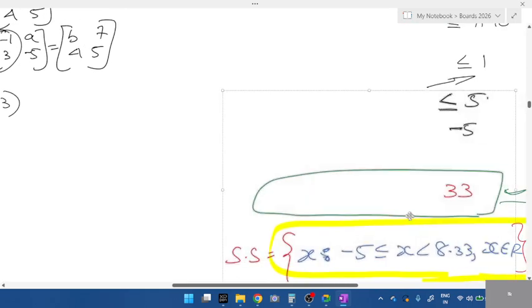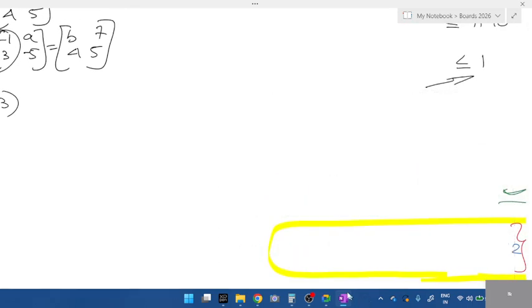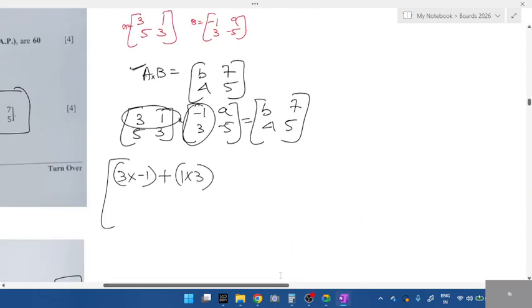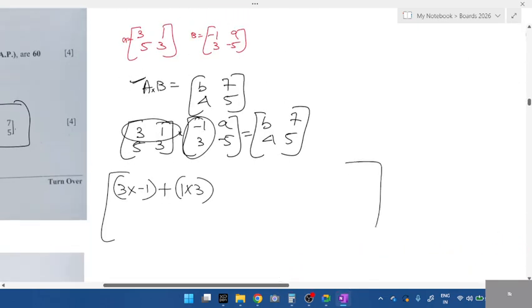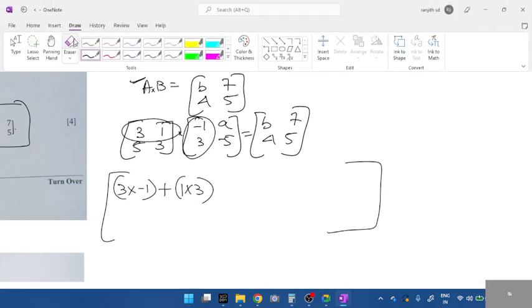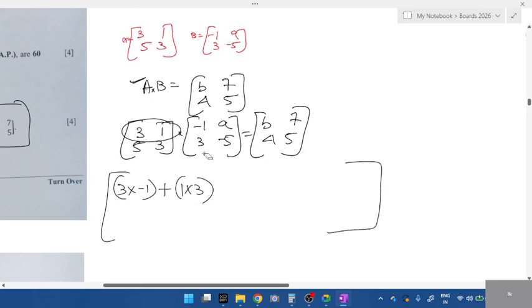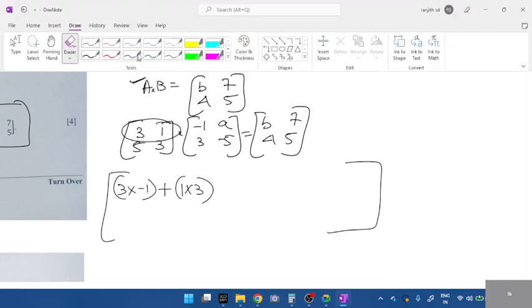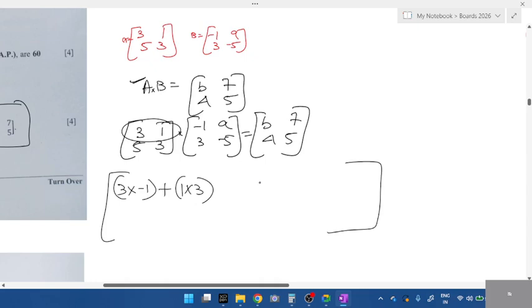Just a minute. Then keep row 1 as it is. Multiply with row 2, students. Column 2. 3 into A plus 1 into minus 5.